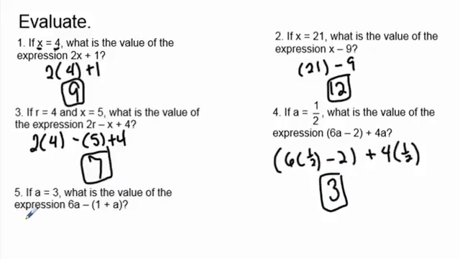And finally, replacing a with 3, 6 times 3 minus 1 plus 3. Okay, so we've replaced the variables with the parentheses, put the value in. 6 times 3 is 18. 1 plus 3 is 4. 18 minus 4 is 14.